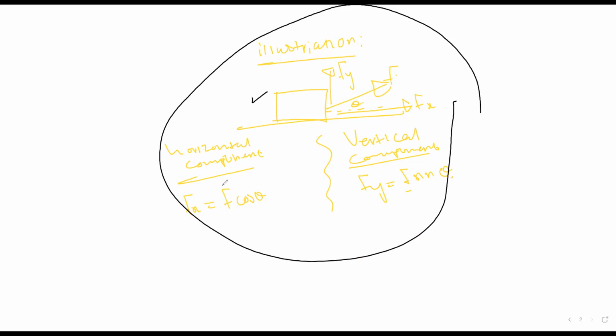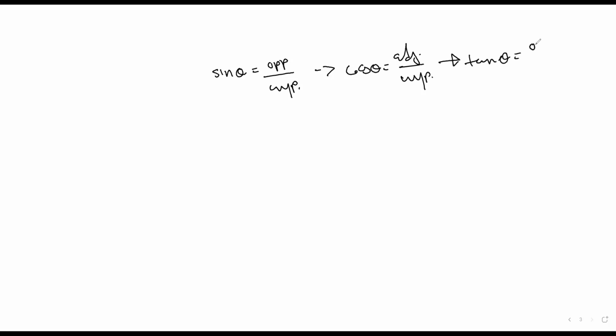In vectors in two dimensions, instead of applying them like this, you need to apply them as follows. According to sine theta, which is equal to opposite over hypotenuse, and also cos theta, which is equal to adjacent over hypotenuse, and also tan theta, which is equal to opposite over adjacent.